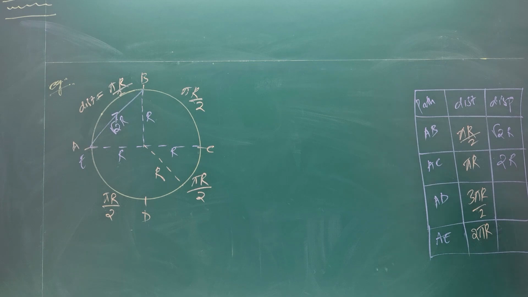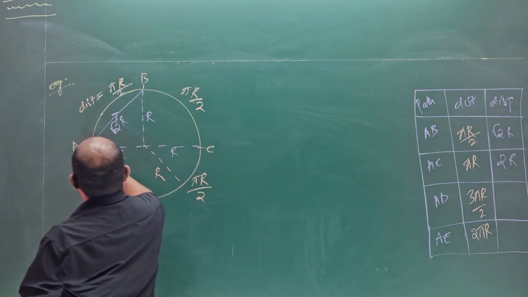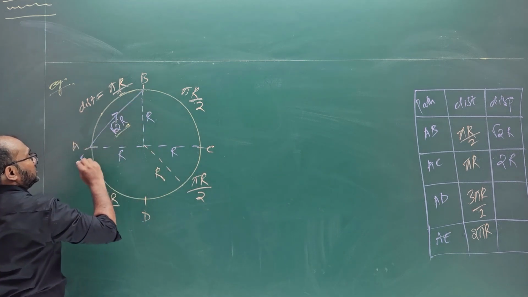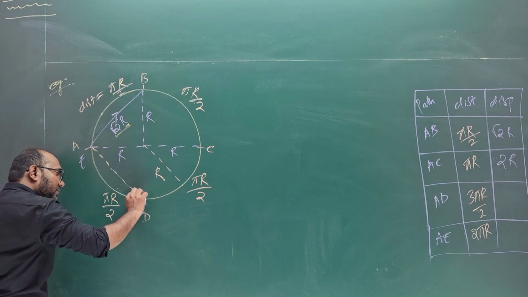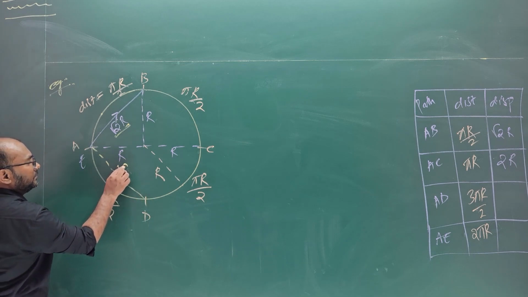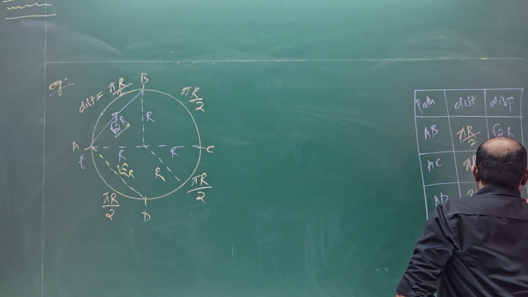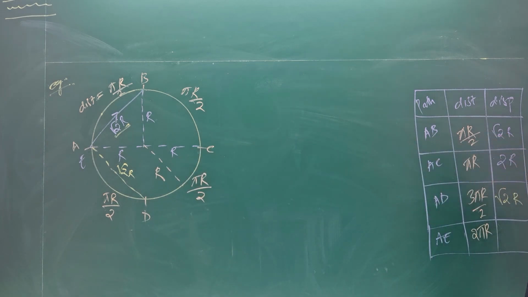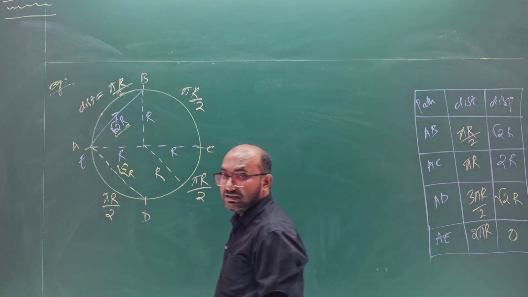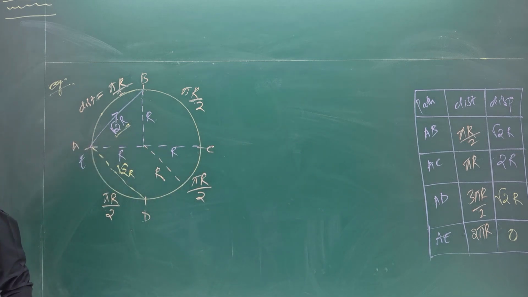AD is also the same, root 2 r. And AE is 0. How many of you got these answers? Okay, very good.